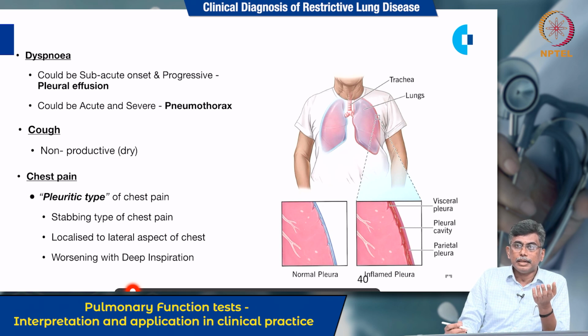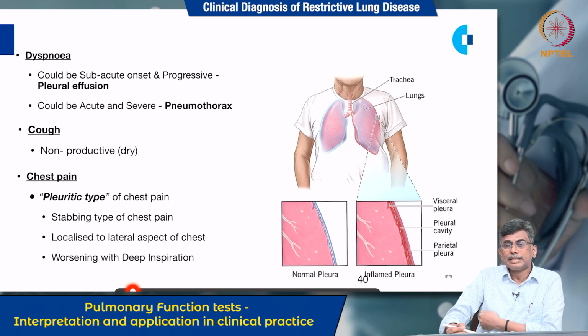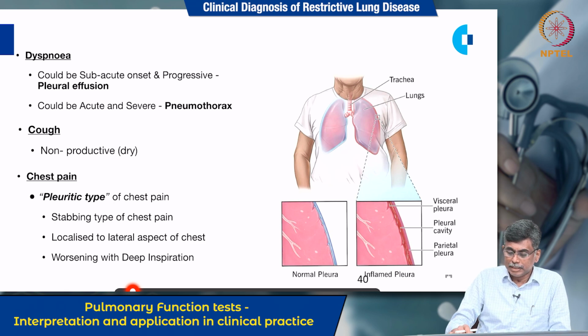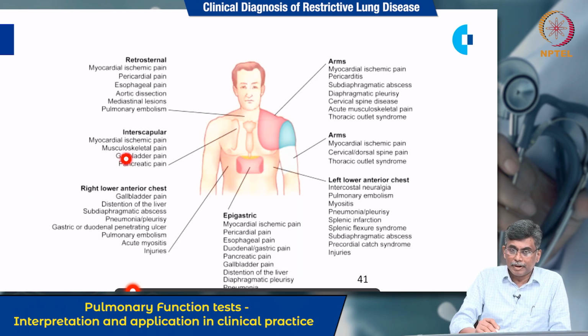The classical description is a stabbing type of chest pain, localized to the lateral aspect of the chest and worsens with deep inspiration and coughing. When you take a deep inspiration, these rub each other. And among the several causes of chest pain, in pleurisy the problem is in the lateral aspect. Okay, lateral aspect is where the chest pain is.